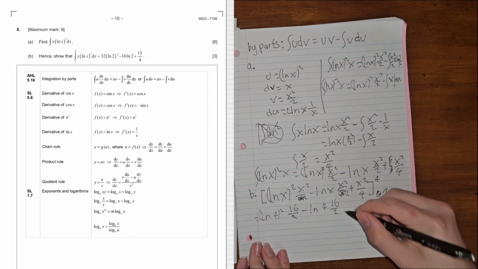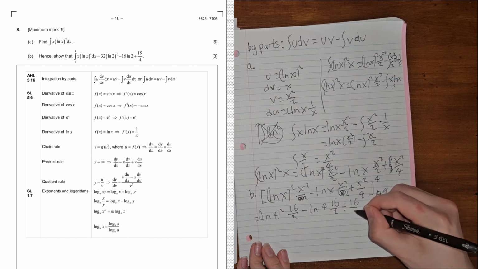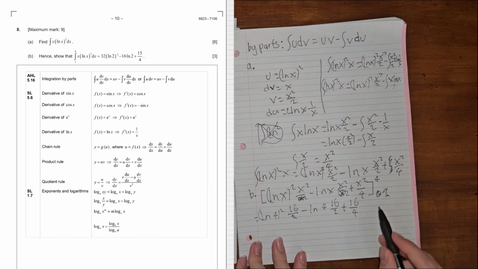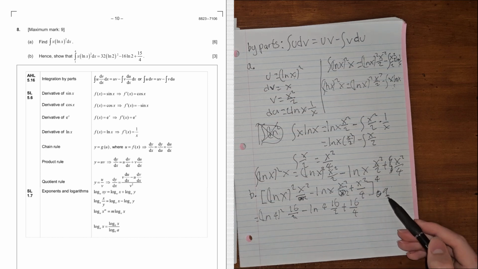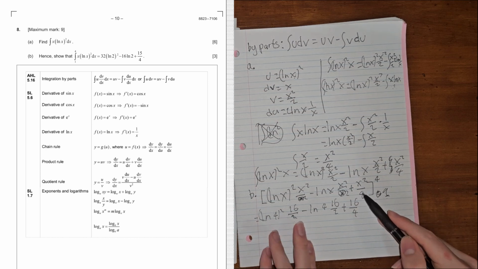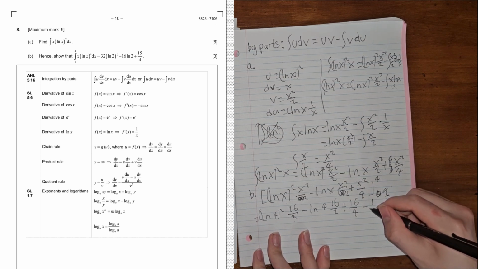You can ignore the ln terms for the bottom. However, we're going to notice that substituting 1 into x squared over 4 is going to be minus 1 over 4.